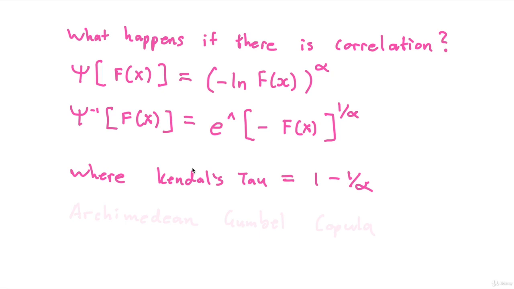So if you can calculate the correlation, you can use this to find your alpha, and then use that in your copula to calculate the joint distribution of two marginal distributions that are correlated or connected. When we use these generator functions, we get something called the Archimedean Gumbel copula.